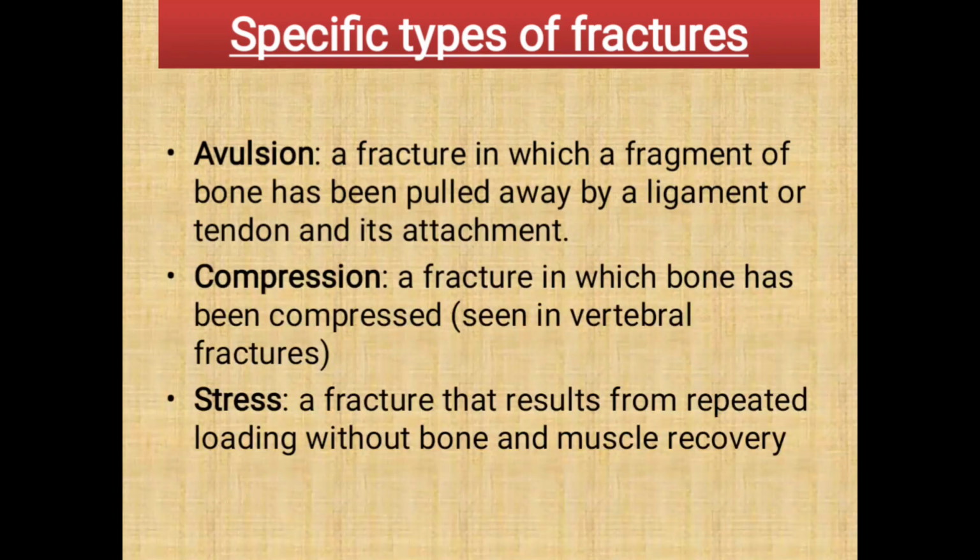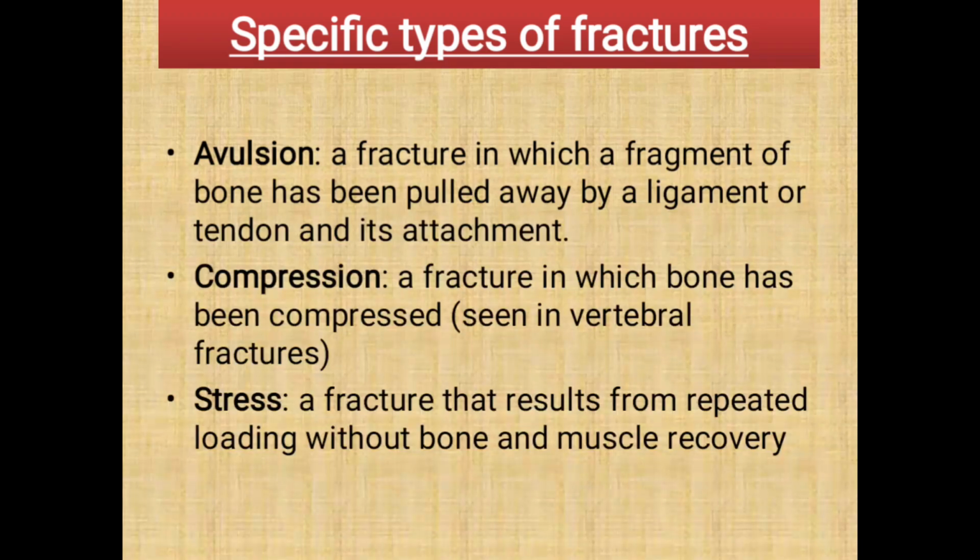We have a fracture called avulsion. Avulsion is a fracture in which a fragment of the bone has been pulled away by a ligament or a tendon or its attachment. So it is the tendon that has pulled away the fragment of the bone.